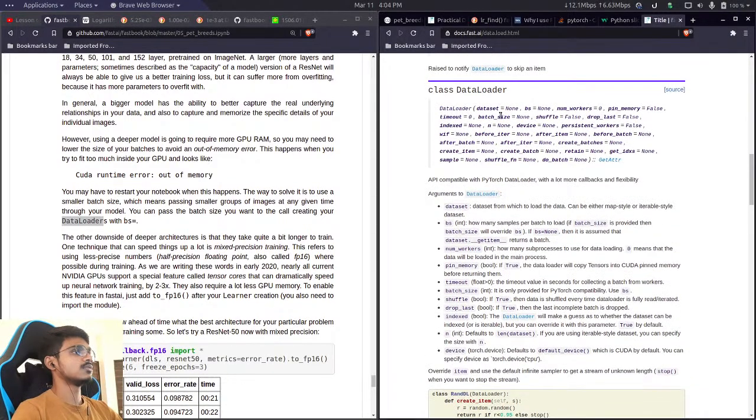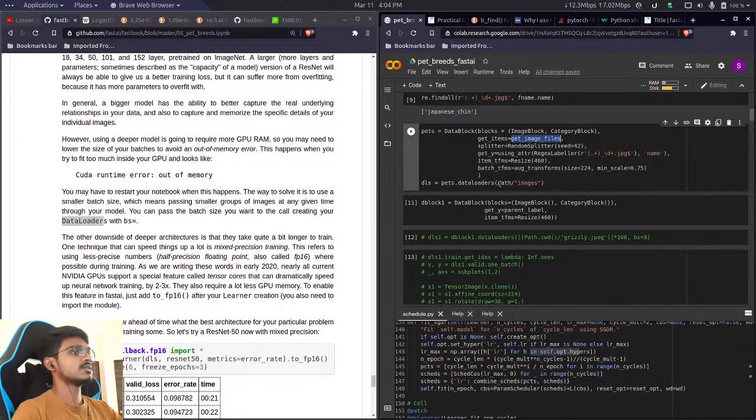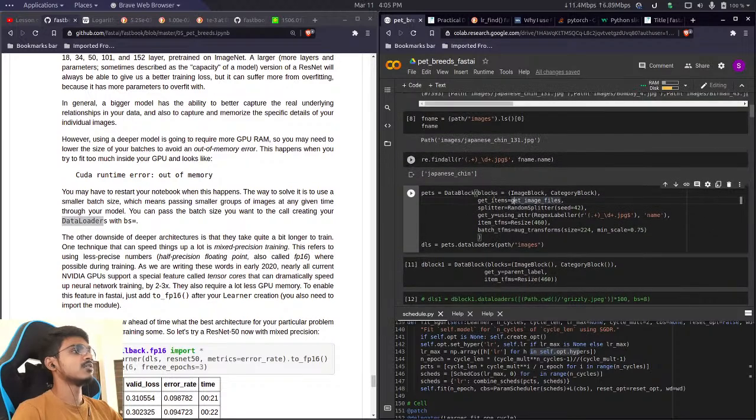Dataset, this dataset. So dataset is this path. Okay, dataset is written by this DataBlock getitems, get_image_files, but that get_image_files returns all the images.